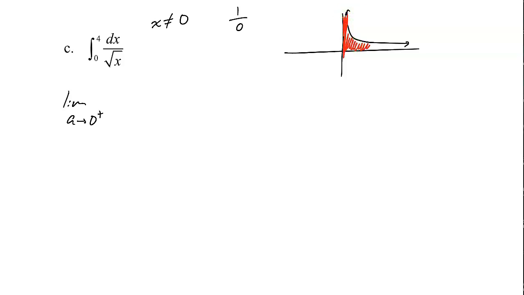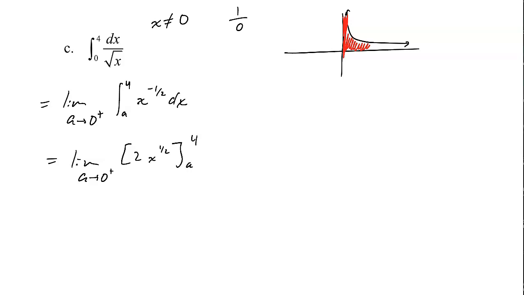So I will take the limit as a approaches 0 from the positive side of my integral from a to 4 of dx over root x. I'll write that off to the side. And let me do x to the negative 1/2 so I can see my power rule more clearly. And then I can do my antiderivative. So add 1 to the exponent, so x to the 1/2 times 2 from a to 4.